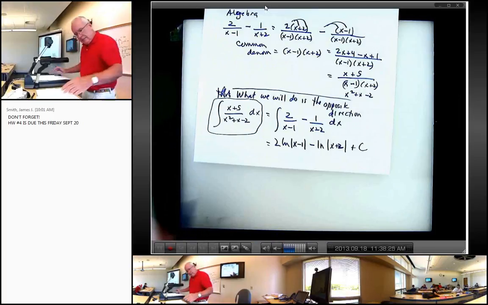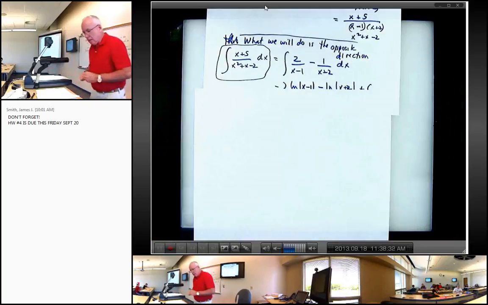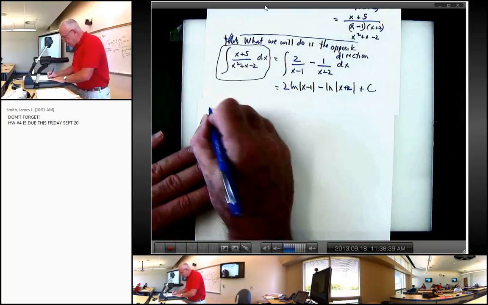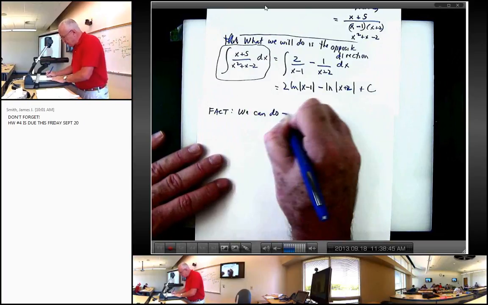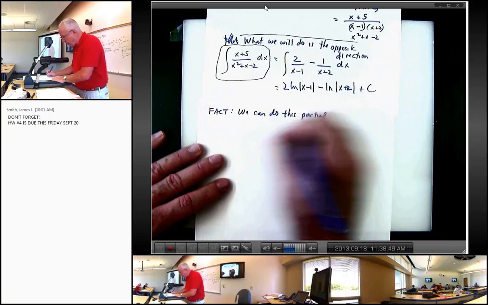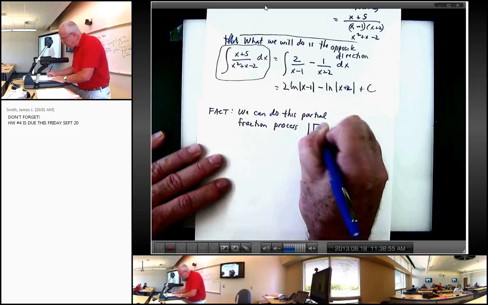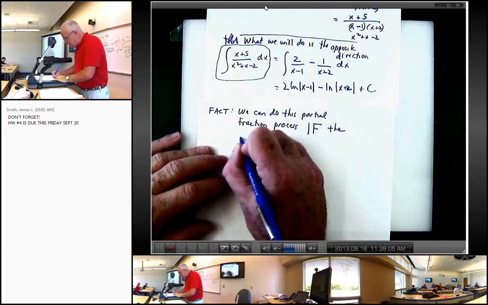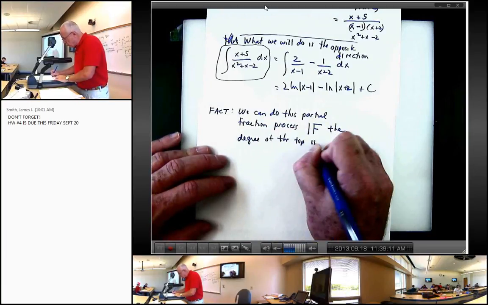All right, let's see how far we can get with this. We can do this partial fraction process if, big if, the degree of the top polynomial is strictly less than the degree of the bottom polynomial.